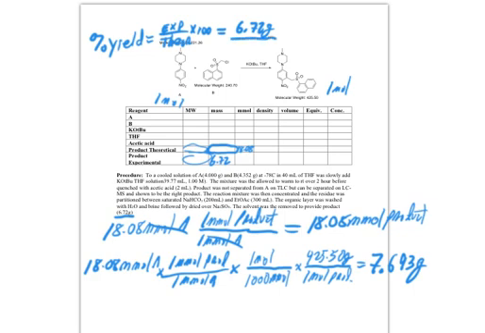My theoretical number of grams is my 7.693 grams times 100. And I could see that my percent yield is going to turn out to be 87.4% yield of my final product. All right? And that's all the calculations. Hopefully you were able to follow that.